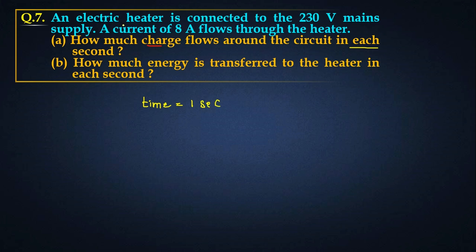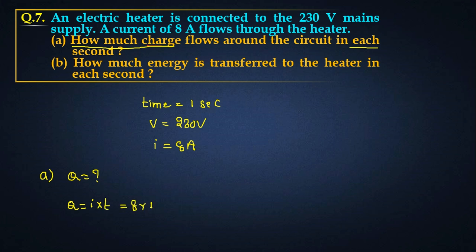It is connected to a voltage V of 230 volts, and a current I of 8 amps. For the first bit, A, Q is equal to question mark. Q is equal to I into T, that is 8 into 1, that is 8 coulombs.